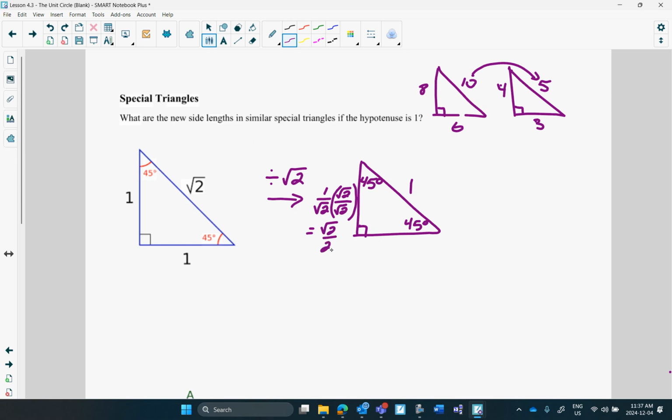And that will give me a simplified answer of root 2 over 2. That means this one's the same. I don't have to do it all over again. So when the angles are 45 degrees, and I want to put it in the unit circle, I need an x value of root 2 over 2, and I need a y value of root 2 over 2.